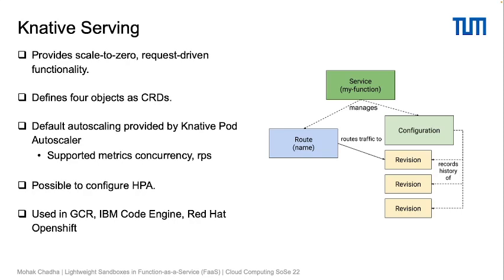You scale the pod as soon as the CPU consumption reaches 50%, or as soon as memory reaches a certain limit. As I already mentioned, Knative is used in Google Cloud Run, IBM Code Engine, and Red Hat OpenShift.